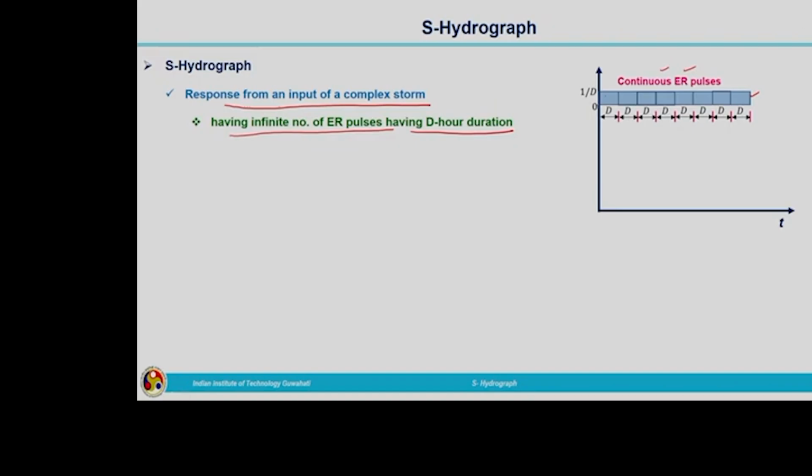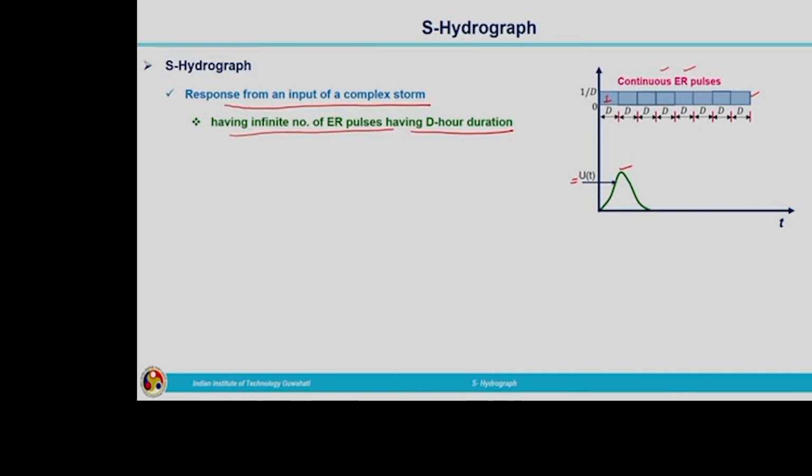So, let this be the first pulse of rainfall intensity 1 by d centimeters per hour, or rainfall depth of 1 centimeter for a dr duration. It will be producing a unit hydrograph.